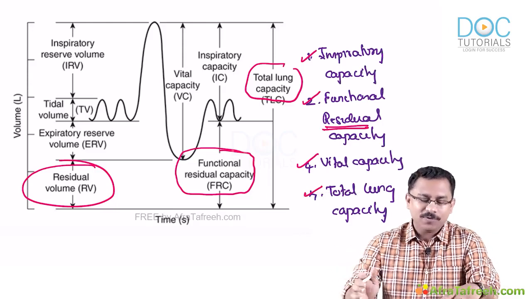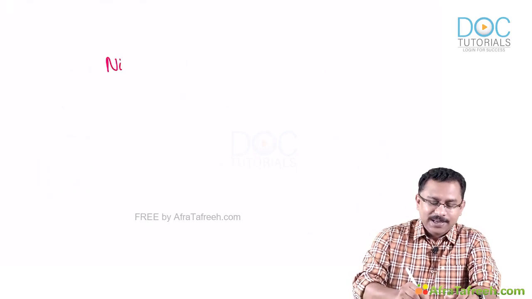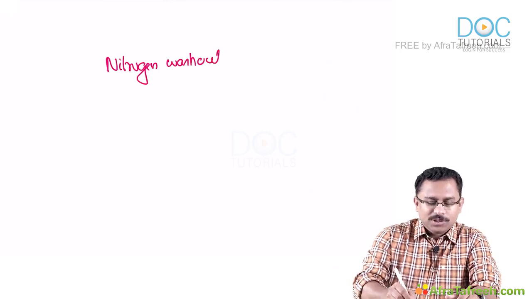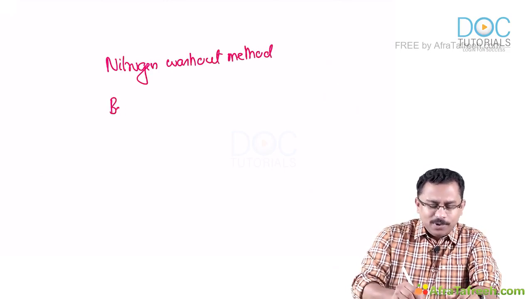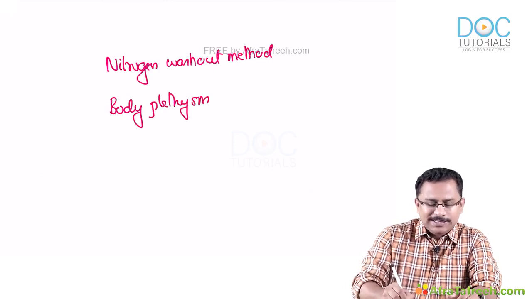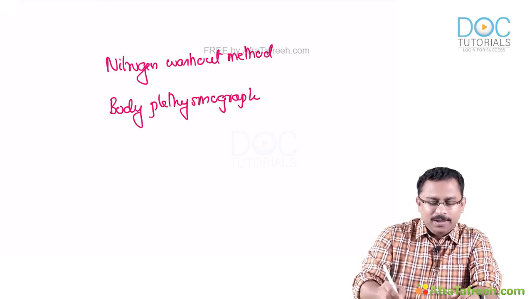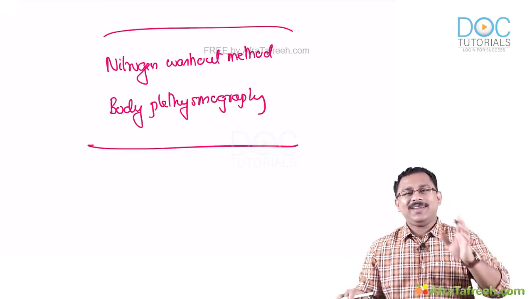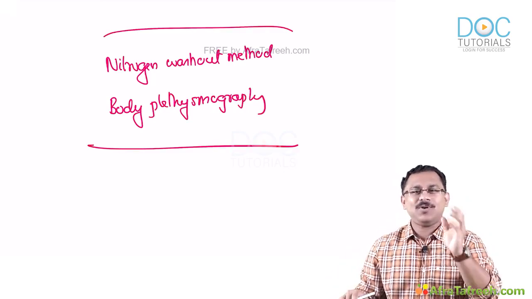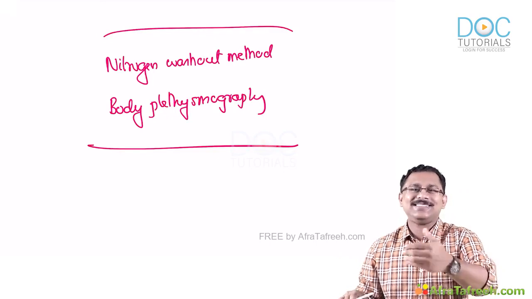For that, you have got to go for techniques like the nitrogen washout method or body plethysmography. So these are techniques, just know the name. So with routine spirometry, you can assess neither the residual volume nor the capacities involving the residual volume.